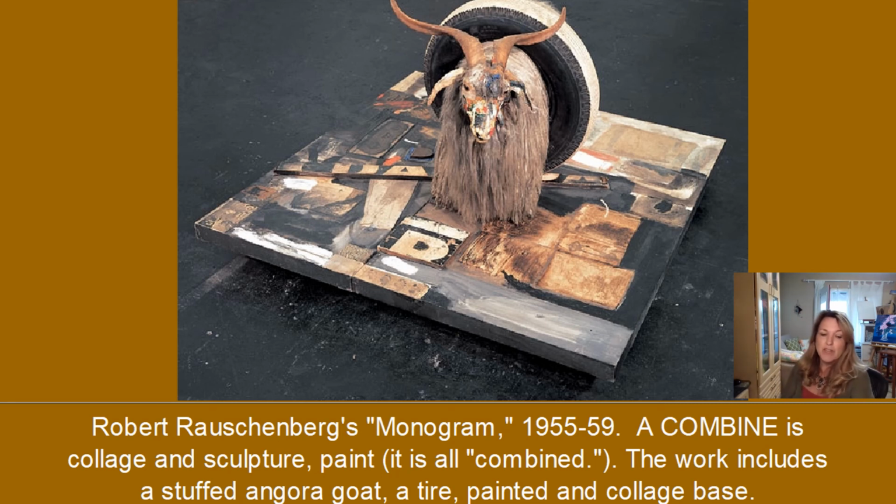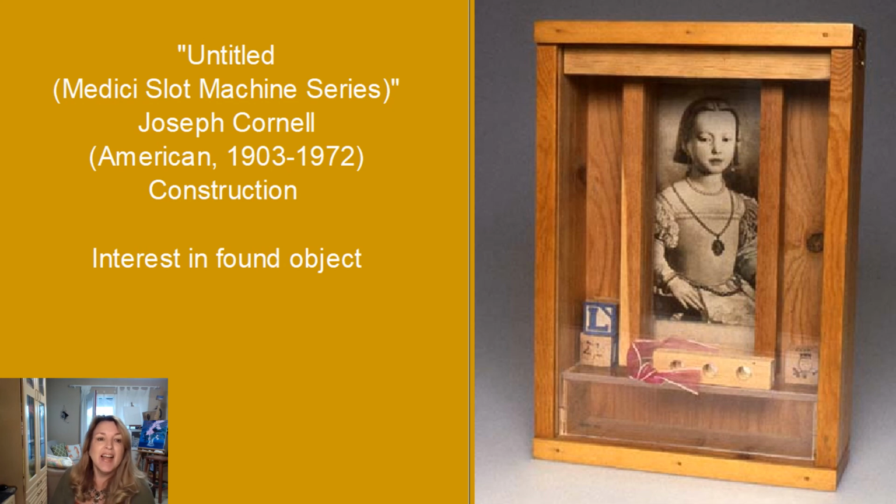So here you have a stuffed Angora goat, a tire, and see Dada as far as the D and the A in there. And he's basically alluding to the fact that this is very much a different type of art and very experimental. You're thinking 1950s, this was just wild for the 1950s.